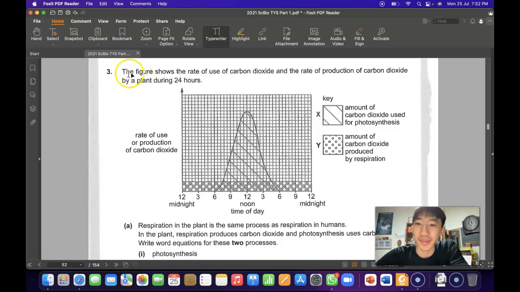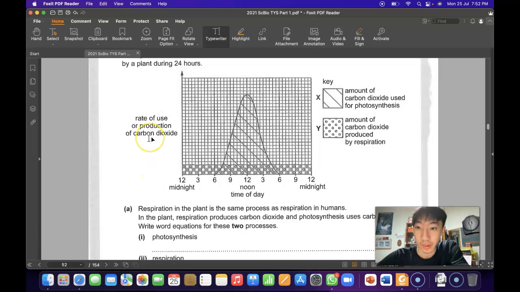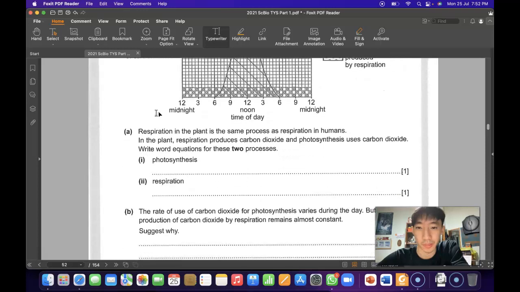Okay, the figure shows the rate of use of carbon dioxide and the rate of production of carbon dioxide by a plant during 24 hours. So it's just a typical day on Earth, not in outer space. We'll come back to this. Let's just write the simple stuff first.